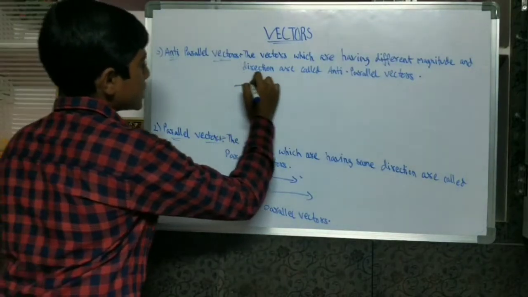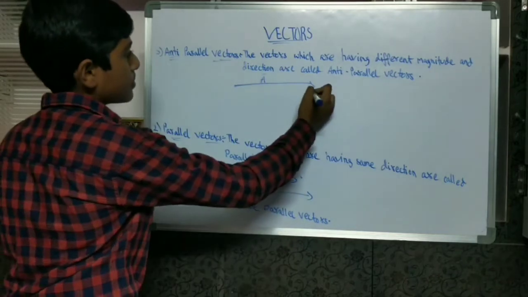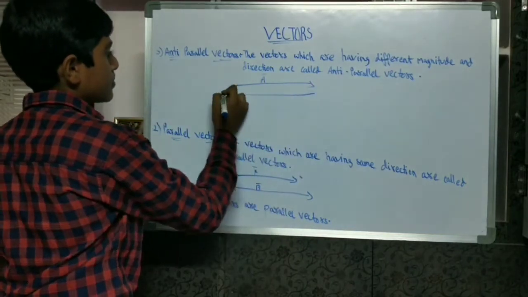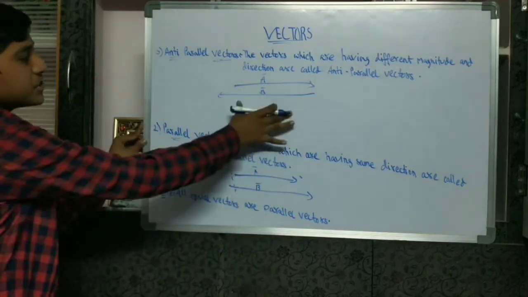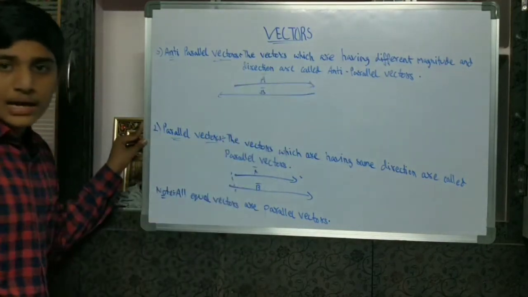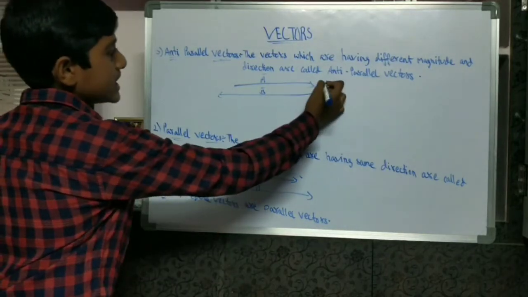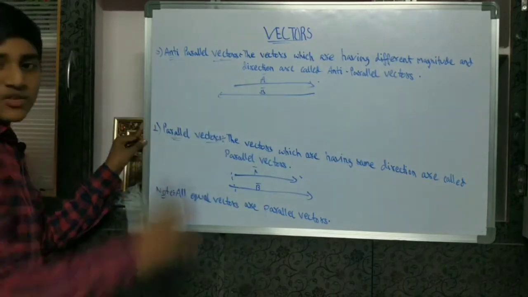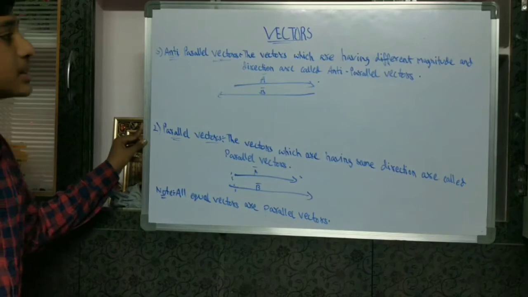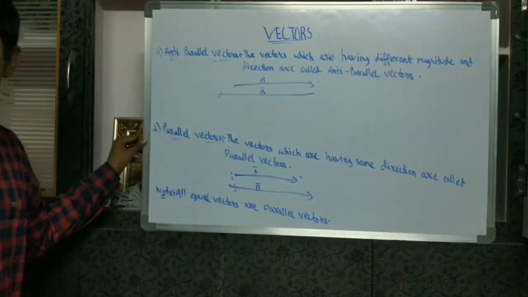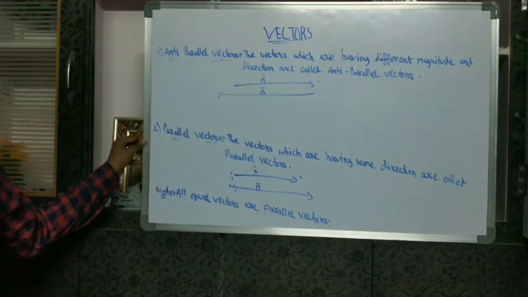So let us draw two vectors. This is A bar, this is B bar. If you see here, they are anti-parallel. That means this is in the east direction and this is in the west direction, so they are having opposite directions. Vectors having opposite directions are said to be anti-parallel vectors.